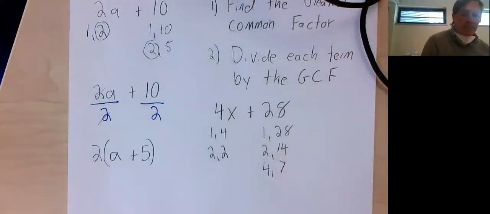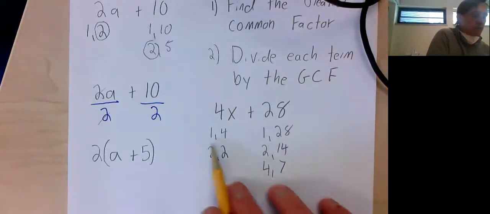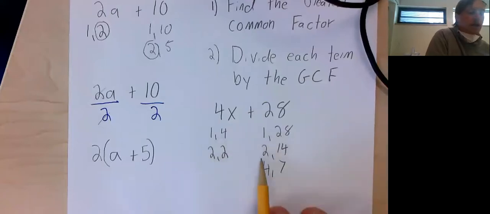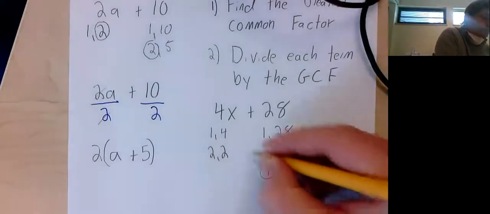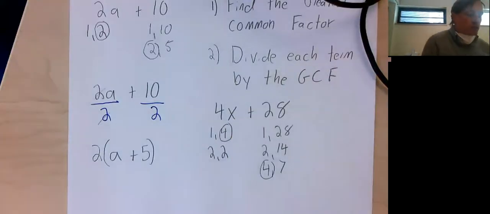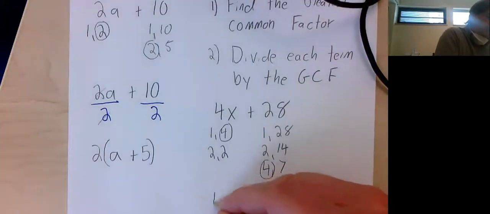So we've got a couple factors in common. 1's in common, 2's in common, but I want the biggest one that's in common. In this case, it's going to be 4. So 4 is my greatest common factor, and then we're going to divide each term by that greatest common factor.